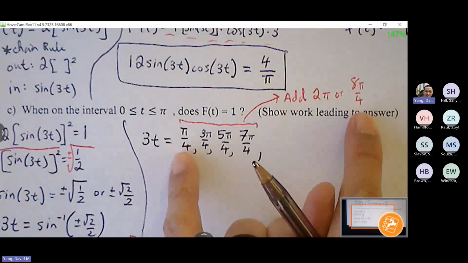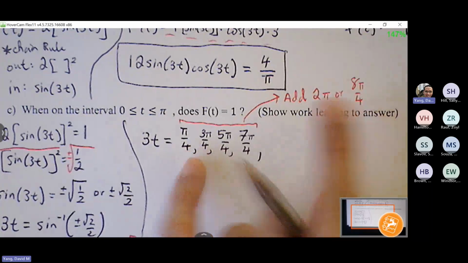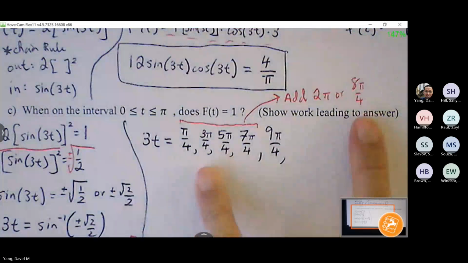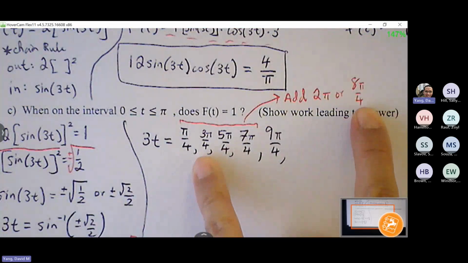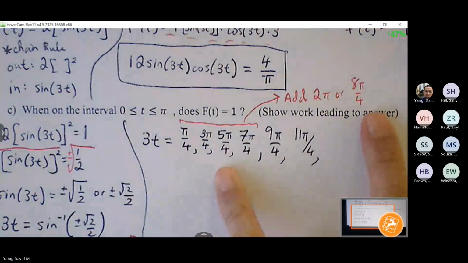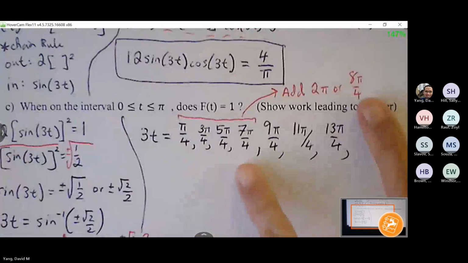So, or divide by 3. Okay, so 1 pi over 4 plus 8 pi over 4 is 9 pi over 4. 11 pi over 4. 13 pi over 4. And 15 pi over 4.